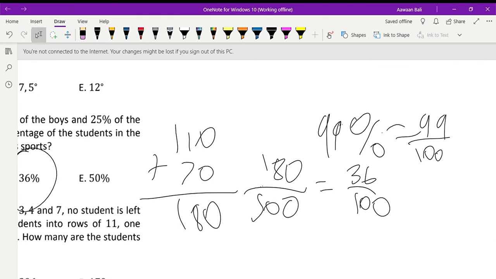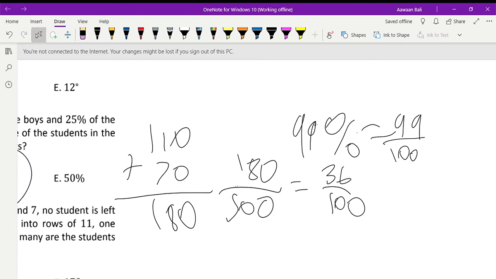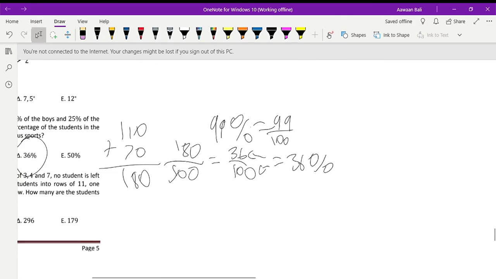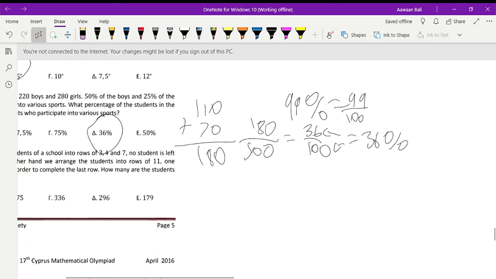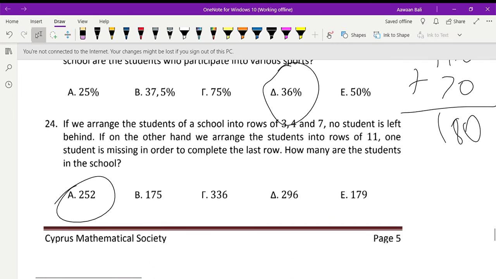Basically simplification to make simplified fractions. They're both equivalent. Since the denominator is 100, we don't care about that. We care about the numerator. So the numerator is 36, and then you add the percentage sign, 36%. We just took that as questions in a quiz, but it's actually children, and it's the same method anyway. So you get the idea. The answer is delta, 36%.